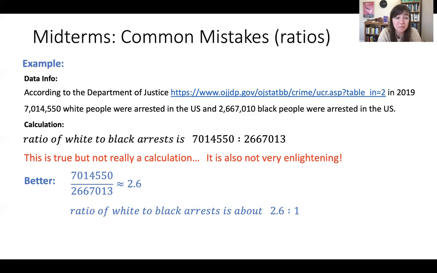It's useful. It is much easier to understand this 2.6 to 1 than 7 million to 2,667,000. So this is a good strategy if you're doing ratios and you have big numbers: convert them to a unit ratio.